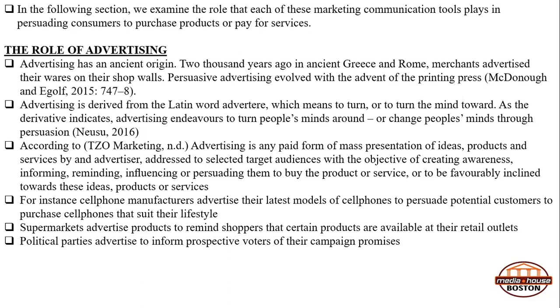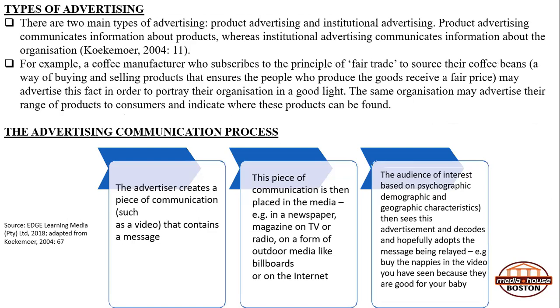Usually we see this during election times when the DA, Inkatha, EFF, ANC are advertising their ideas to the targeted audience. Who's the targeted audience? Those above 18 who can vote, isn't it? Okay, so that's the role of advertising.